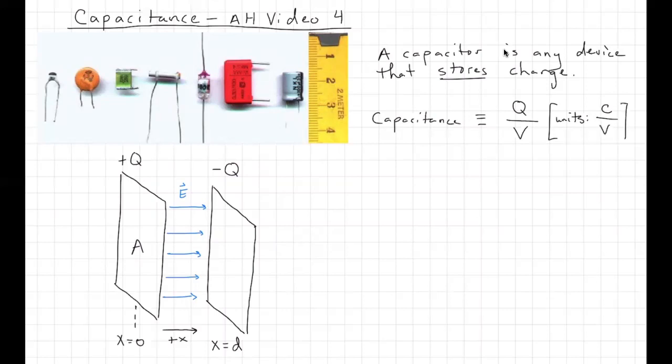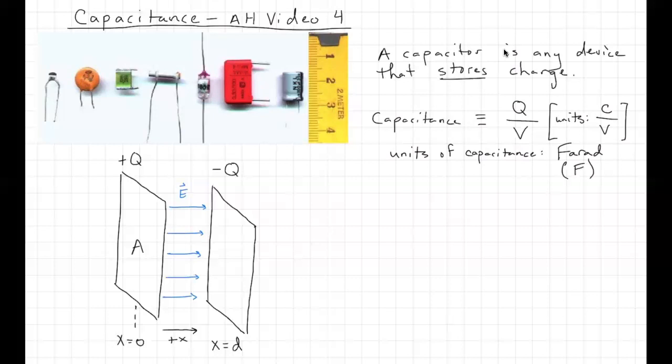So coulombs per volt is the unit of capacitance. That's called a farad, usually abbreviated as F.